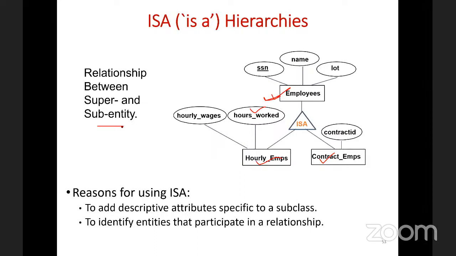Because by using it, we can add descriptive attributes which are specific to a subclass, and we can also identify entities that participate in a relationship, right? For example, maybe not all employees are participating in some relationship, only hourly employees are participating, so we can treat them separately.